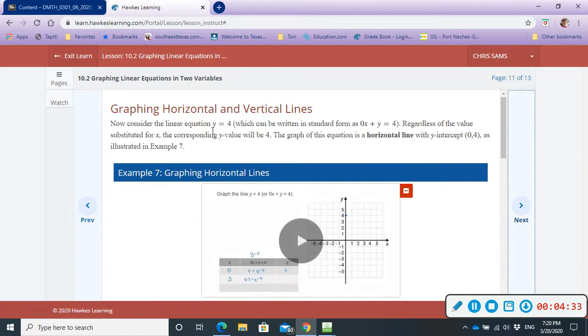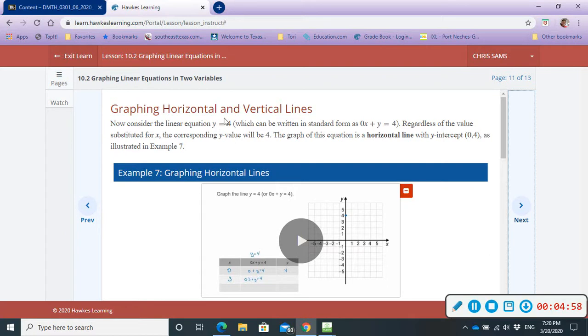And then we have graphing horizontal and vertical lines. A horizontal line is going to be y equals whatever that number is. For example, they're giving me 4. That means y is going to be 4 and x will be changing. A y equals equation is going to be a horizontal line, and it's going to only cross the y-axis.